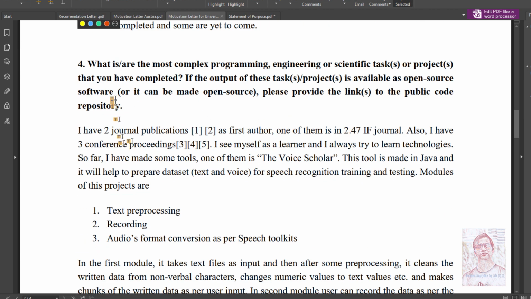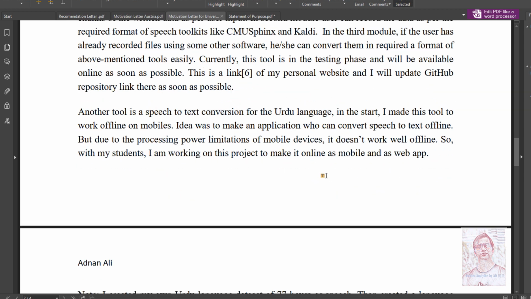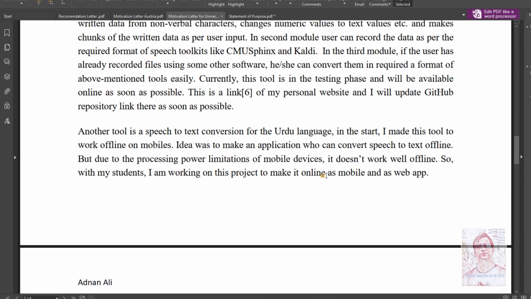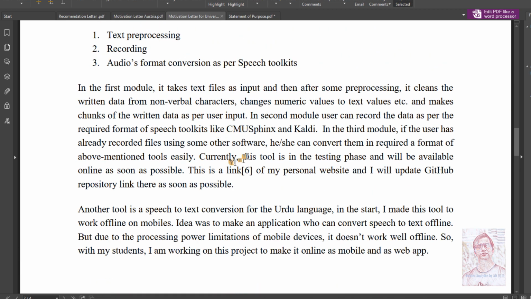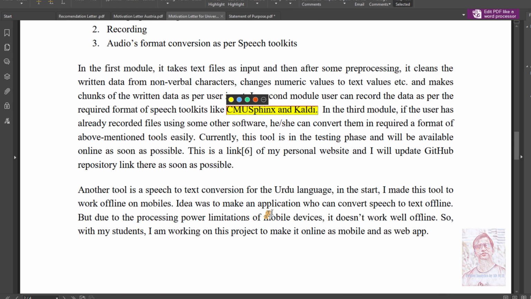Further on, you can see that they are asking what the most complex tasks I have done are. So again, you can read that if you want, because I don't want to make the video longer. At that time my paper was published, so I mentioned my paper. You can see that. And then tools and skills, whatever I got, I have mentioned here.